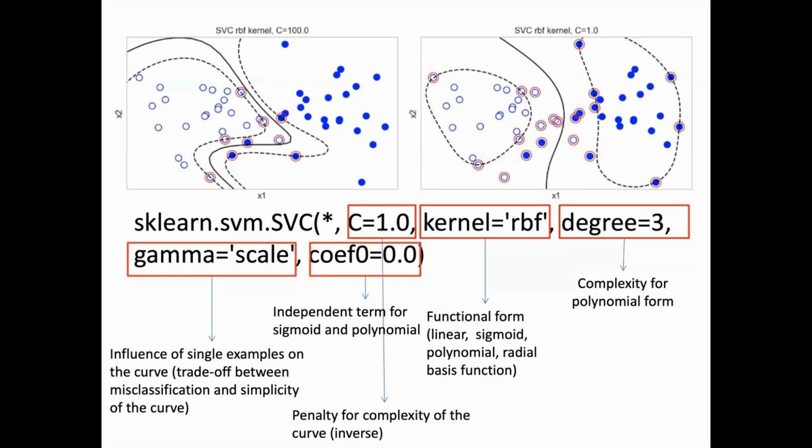You can choose between different kernels, from the linear one to non-linear ones of different complexity: the sigmoid, polynomial, the radial basis function. Then, based on the kind of kernel you decided, you have to decide about the degree, which is the complexity for a polynomial form, the gamma, which is actually the influence of single examples on the curve, and the coef0, which is an independent term, which is significant for sigmoid and polynomial kernels.